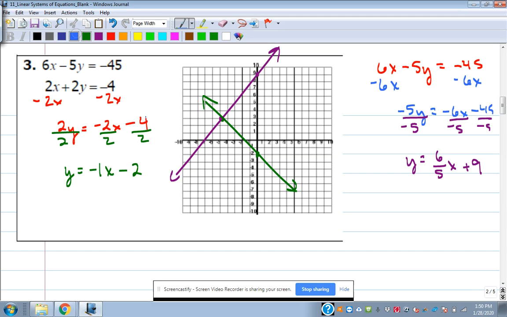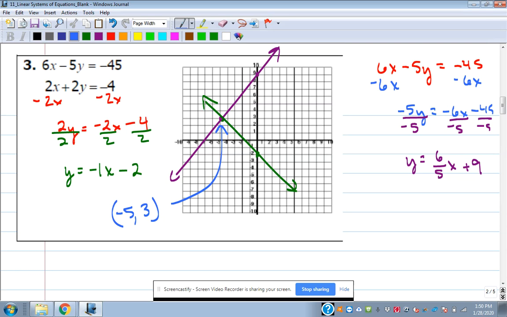And I know that is my solution. It'll be negative 5, 3. So if it's not in slope-intercept form, put it in slope-intercept form, and then you're going back to graphing.